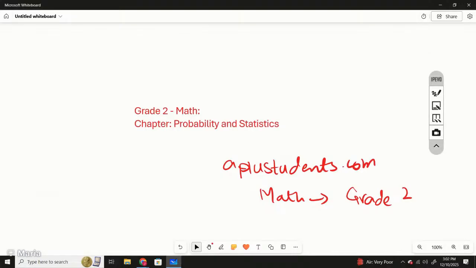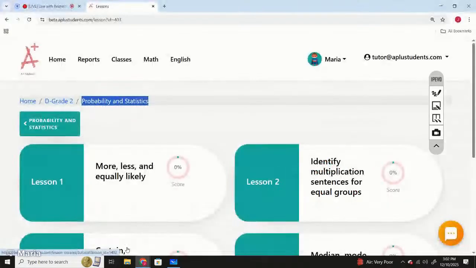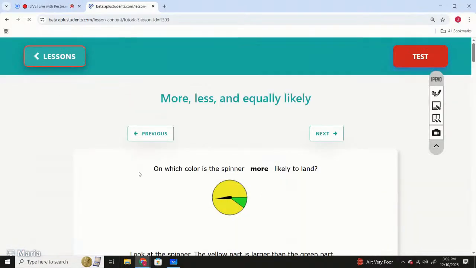Here I am on grade 2 math. We're going to start with the chapter probability and statistics. Let's just start with the lesson that is more, less, and equally likely. On which color is the spinner more likely to land?